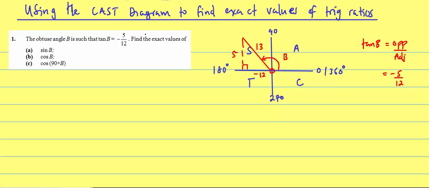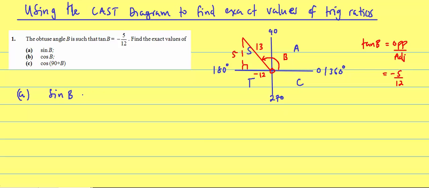Now that we have that diagram, I should be able to find the answers for the required ratios. If I wanted to work out tan B, I could simply say that it's the opposite side, which is 5, divided by negative 12, and that is consistent with the question I was given.